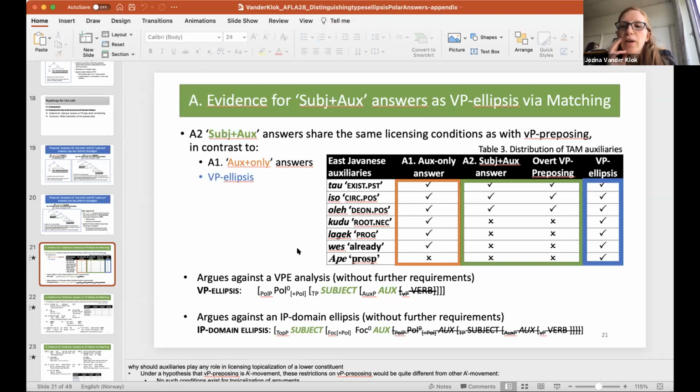And they also have a story based on features that allows lower ones to move past the higher ones, or to just be attracted, because the higher ones do block the lower ones.